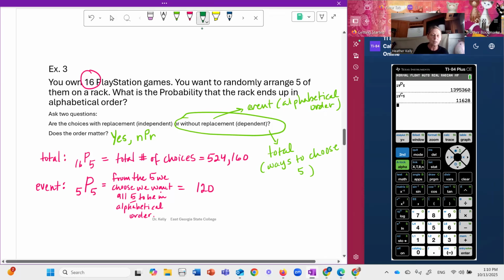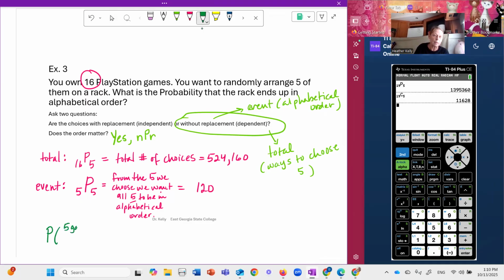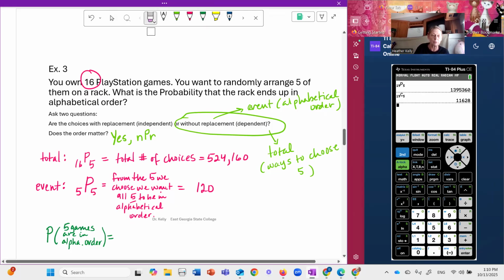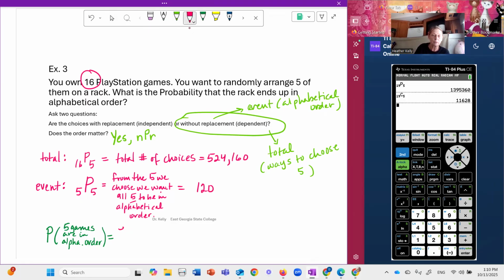Now, to finish this up, we want the probability that the 5 games are in alphabetical order. That is going to be the event over the total, just like it was before.